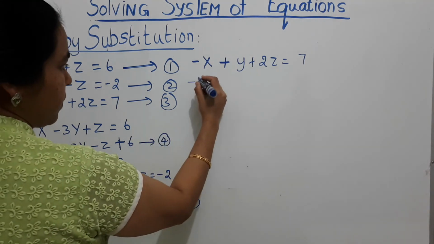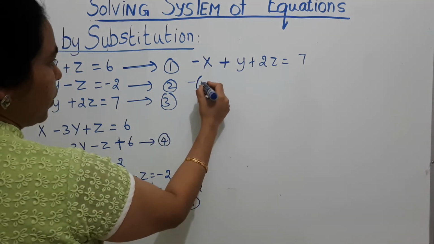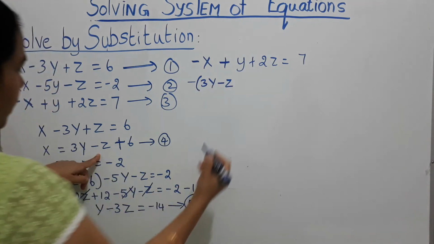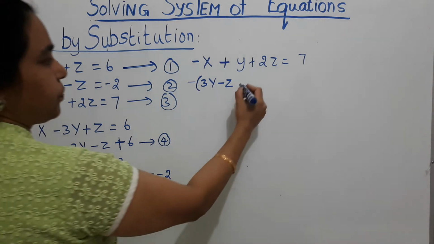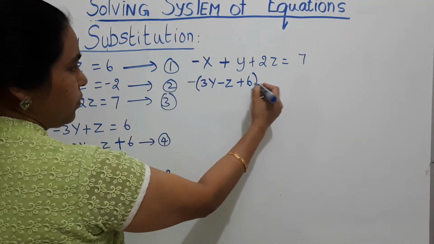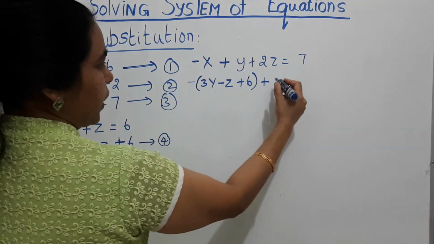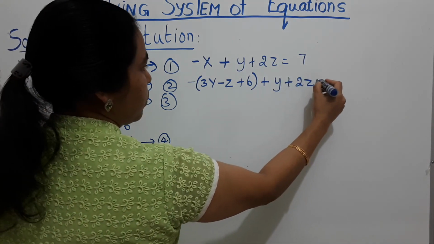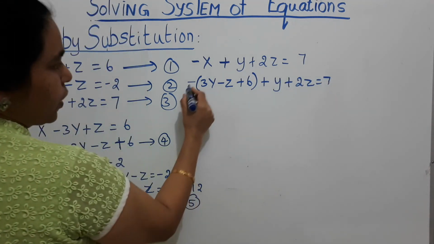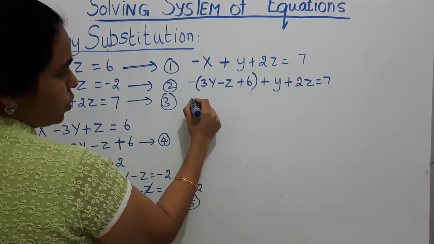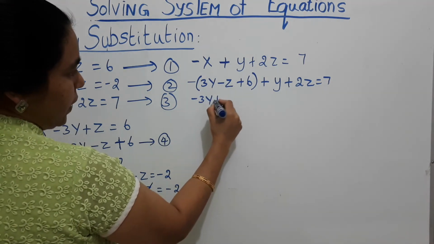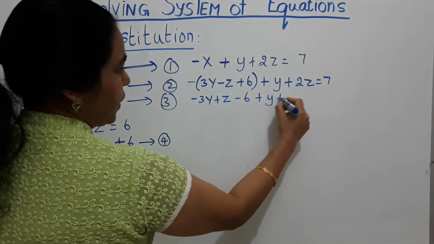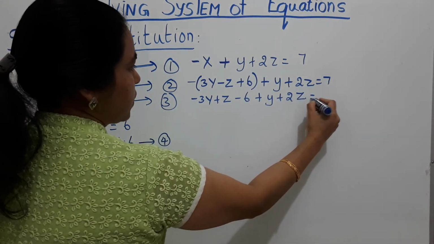So minus 3y minus z plus 6. Now you can continue writing the equation, plus y plus 2z equals 7. So now you can distribute the minus inside. So minus 3y plus z minus 6 plus y plus 2z equals 7.